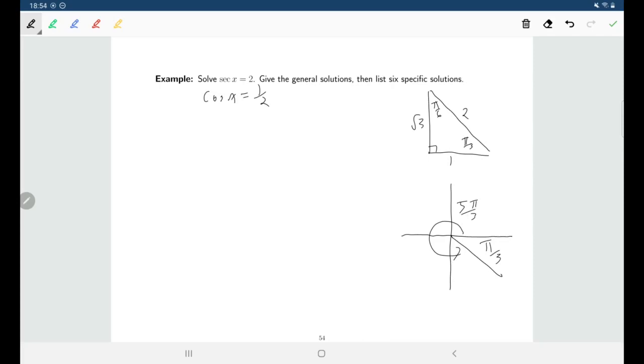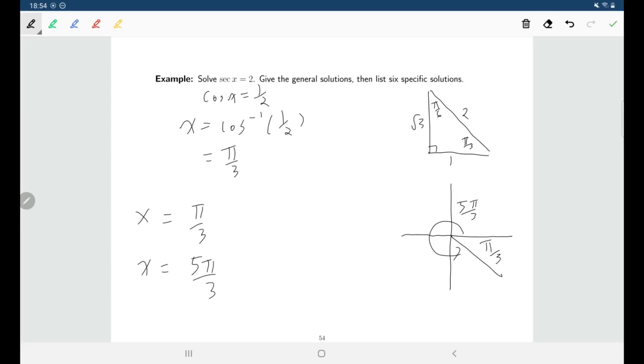So there are two solutions if you're looking between 0 and 2 pi. x is cosine inverse of a half, which gives us pi over 3, and we found that there was also 5 pi over 3. These would be the solutions within one full circle.